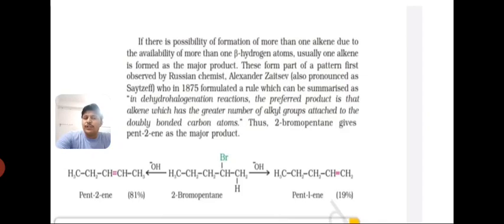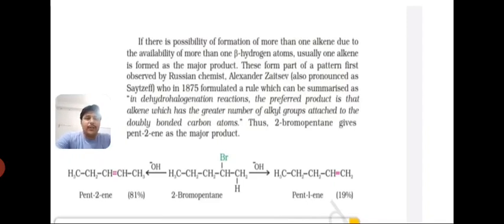The compound in which the side of the double bond to which the larger alkyl group is attached, that is the major product, and the side where the smallest alkyl group is there, that is the minor product.